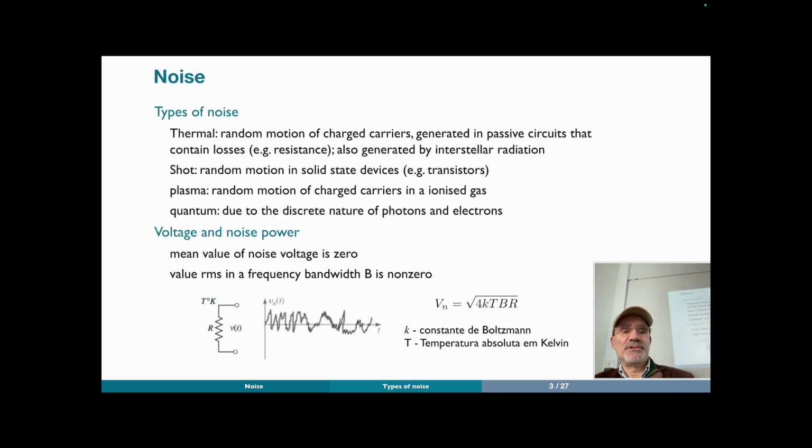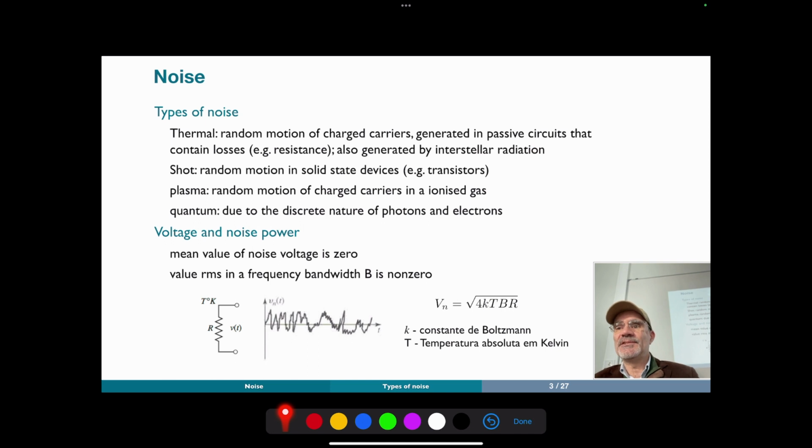So, with respect to noise, obviously we have thermal noise, which is associated with the random motion of charge carriers generated in passive circuits. For example, in a resistor.